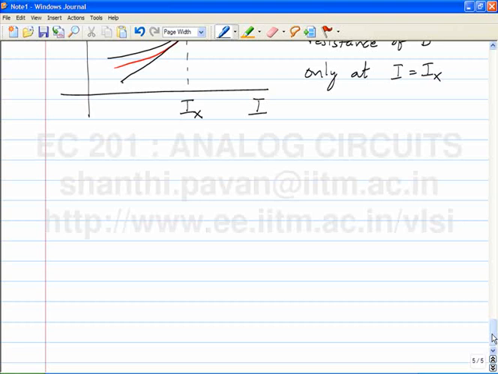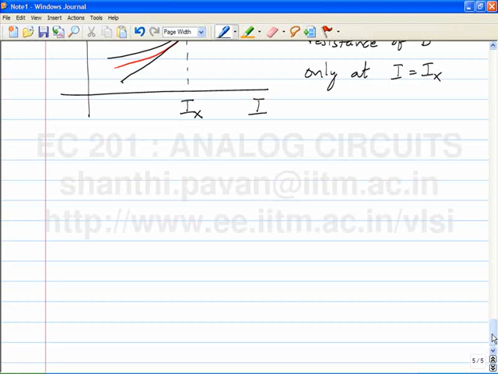Now you know how to evaluate the small signal quantities given any nonlinear network by first finding the operating point and then drawing the incremental equivalent circuit, solving the incremental equivalent network, and finding whatever else you want.